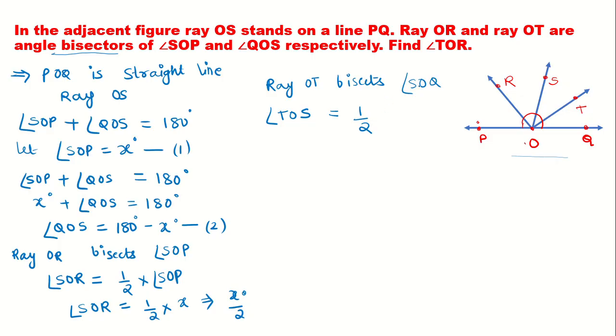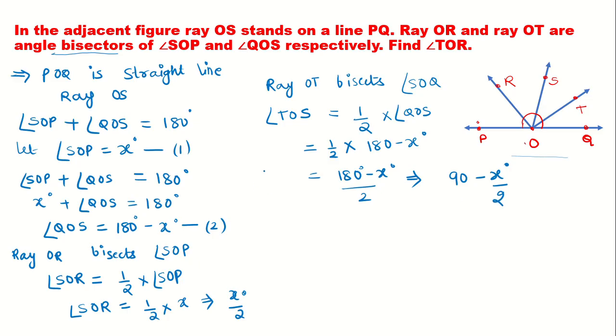It is half of angle SOQ, or QOS. Now 1 by 2 into, from equation 2 we have QOS as 180 minus x degrees. So (180 minus x) degrees by 2. 2 ones are 2, 2 nineties are 180. So 90 minus x by 2, that is angle TOS.